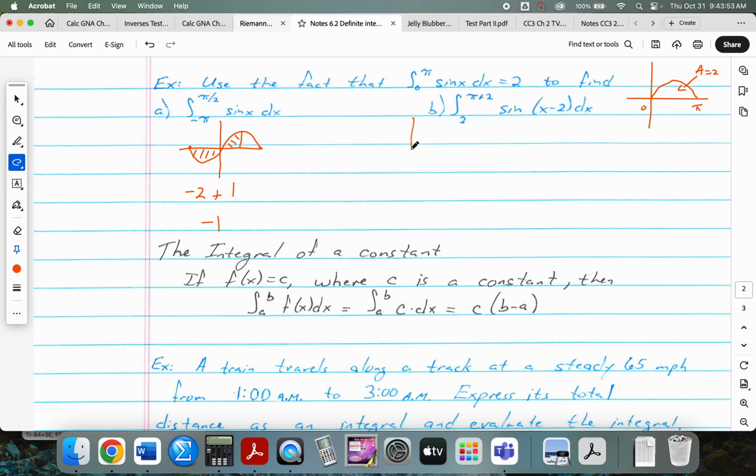The next one is one where they test out some of your algebra understanding. We've got sine of x minus 2. What does that do to the sine curve? It shifts it to the right 2.